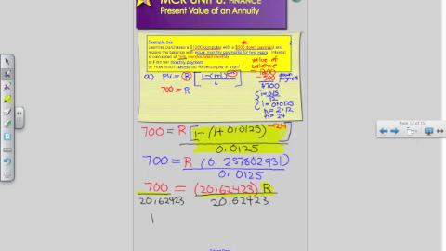And that gives me a final answer of R is equal to 33.94.